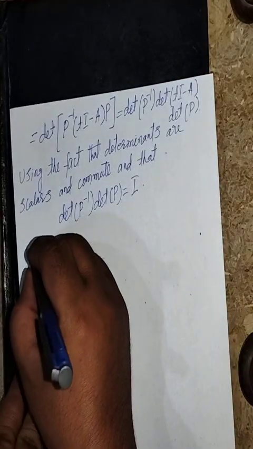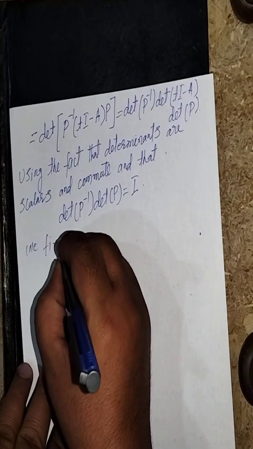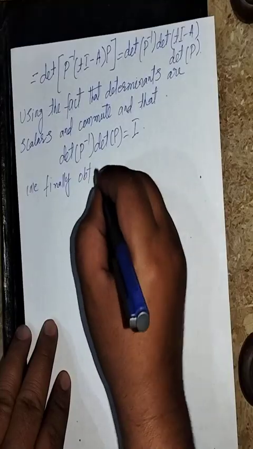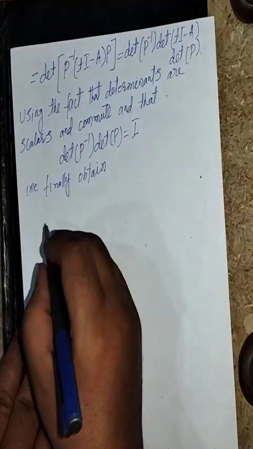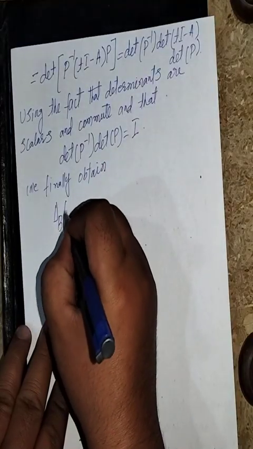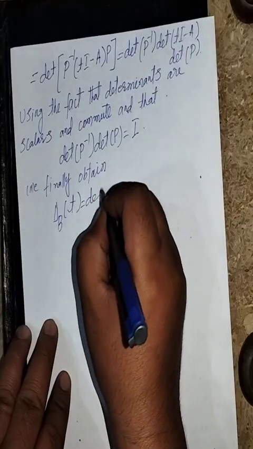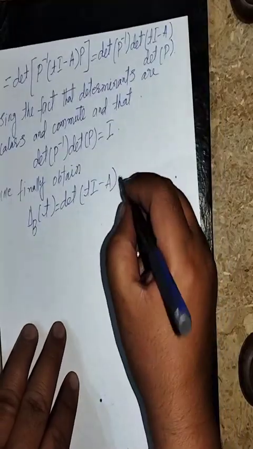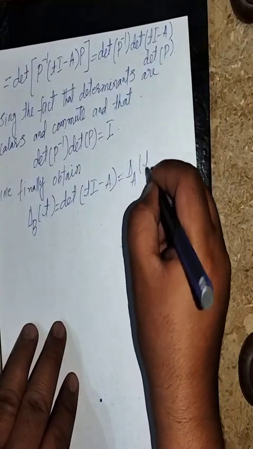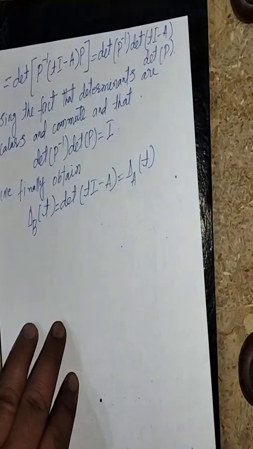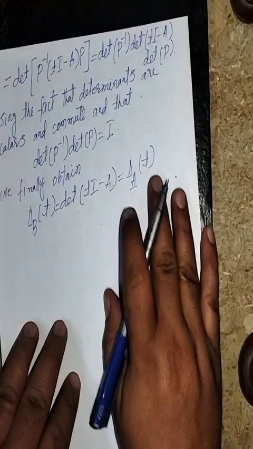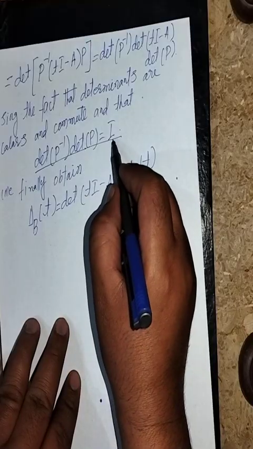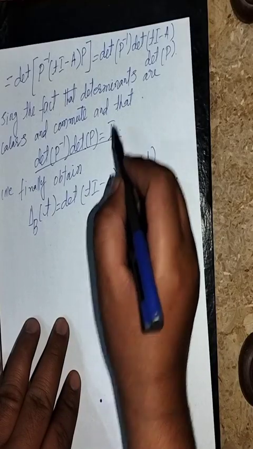We finally obtain delta B of t equals that of tI minus A, which equals delta of A of t, the characteristic polynomial of matrix A, using the fact that that of P inverse into that of P is equal to the identity.